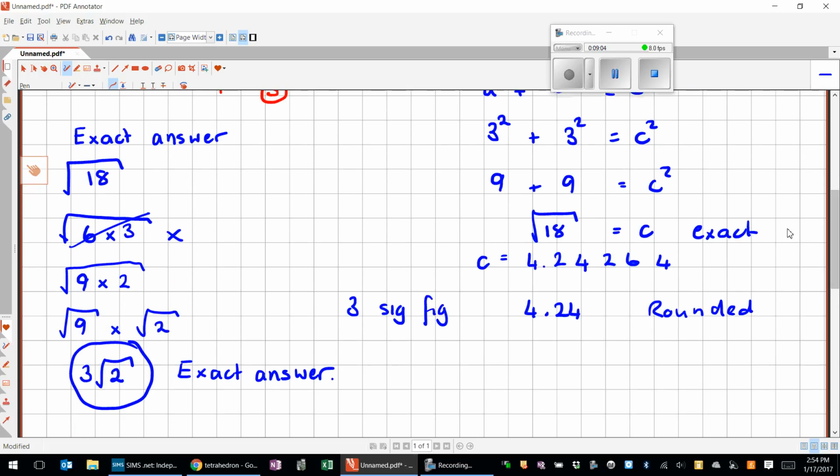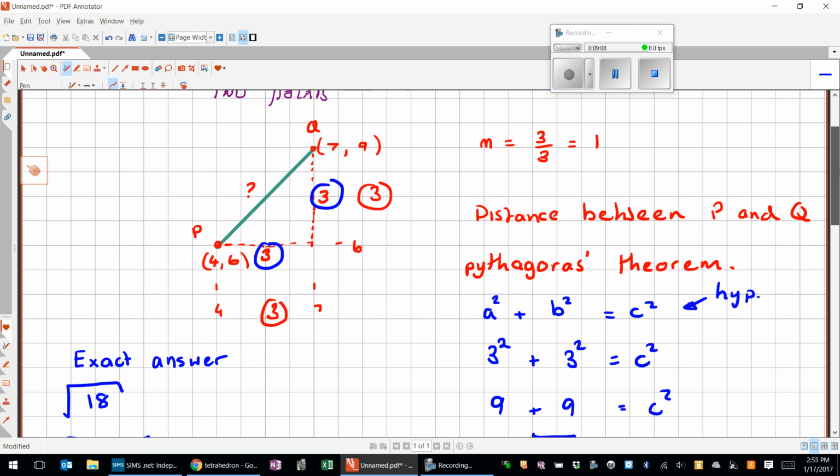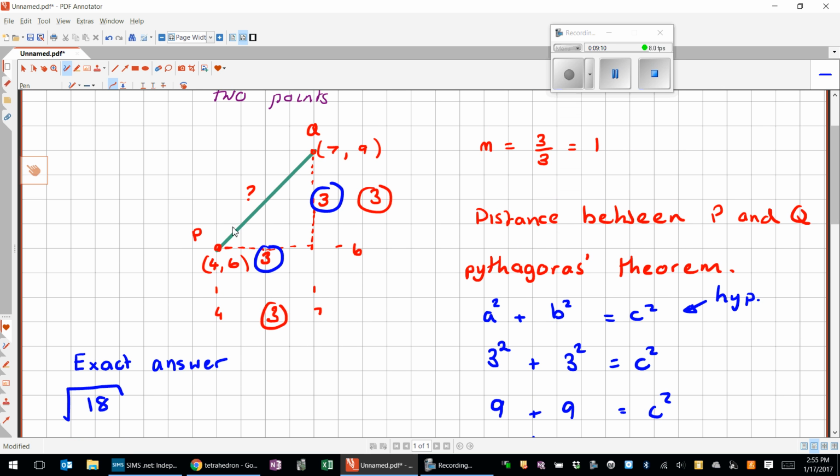Shall we just check on what we are aiming for, which is the distance? So this answer here would either be 3 root 2, or root 18.